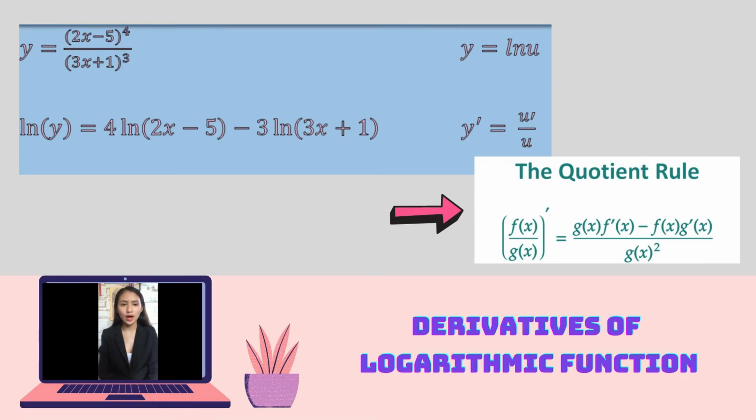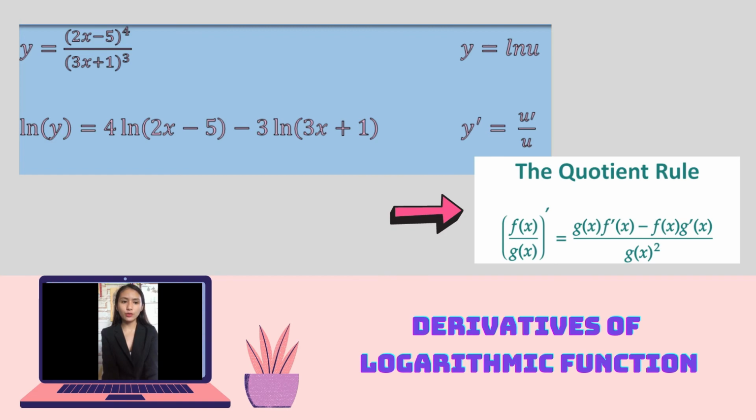Our second problem is about the derivatives of logarithmic function. So we have y equals 2x minus 5 raised to 4 as numerator and 3x plus 1 raised to 3 as our denominator. In this problem, I used the quotient rule. I applied differentiation to both sides of the equation.